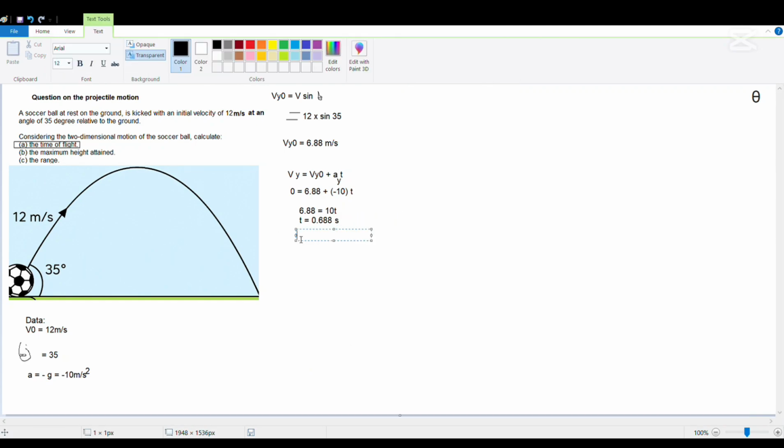So t is equal to 2 times 0.688, and roughly I'm getting the answer 1.38 seconds. So in this case, t is equal to 1.38 seconds. Now that's the first thing we have done.